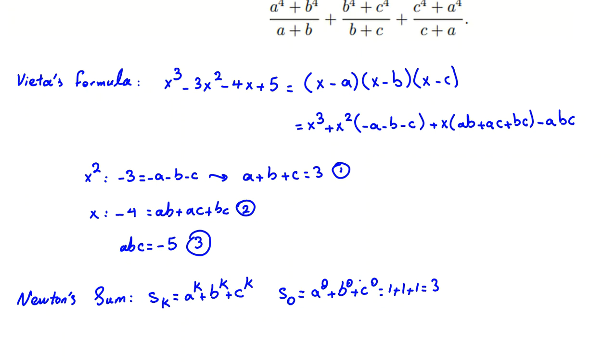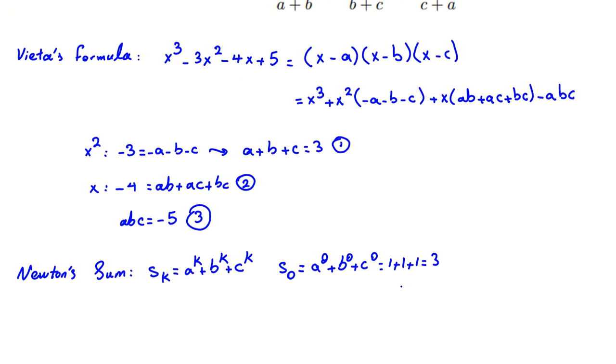And we know a, b, c are not 0, because if one was 0, the product would be 0, but the product is negative 5. So S0 is 3, S1 is a plus b plus c, which from the first one is 3.